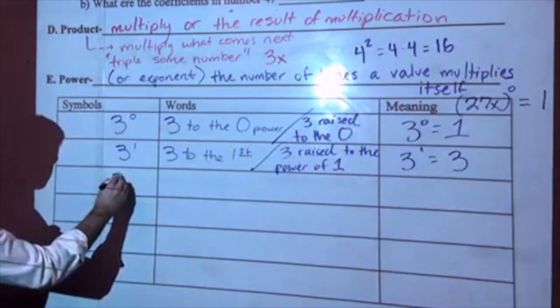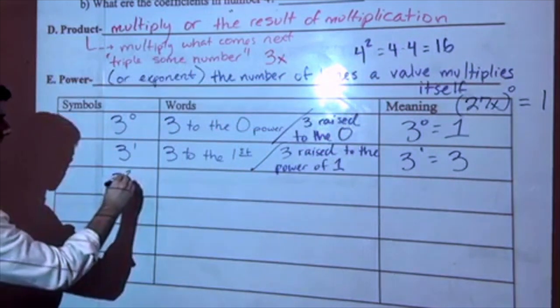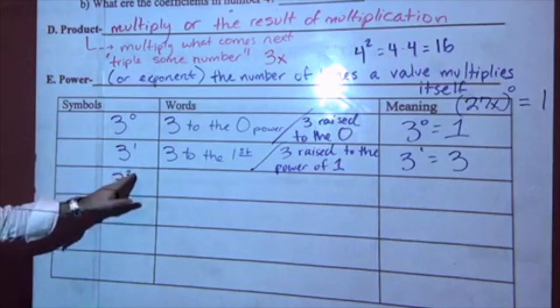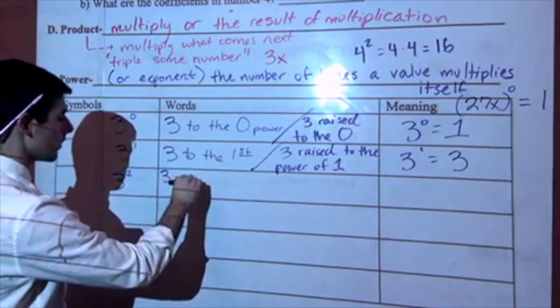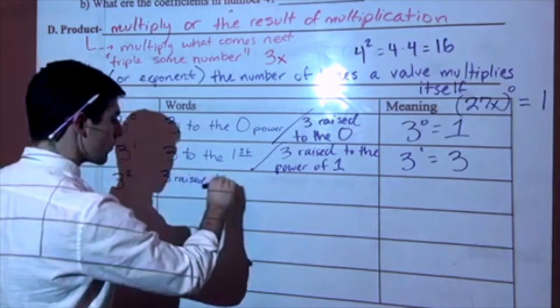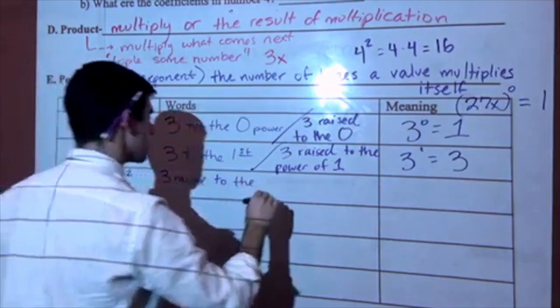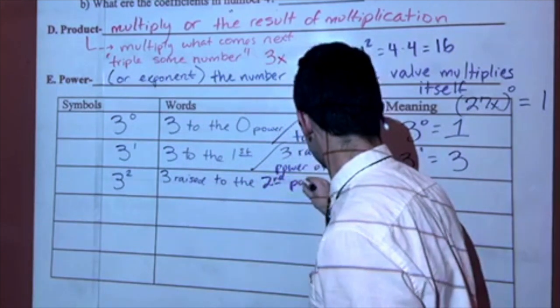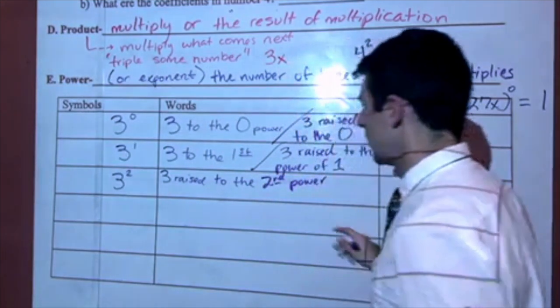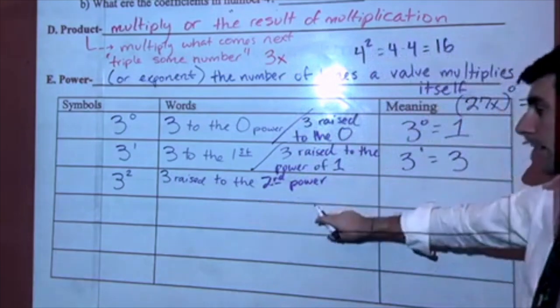Now we get into a little more unique wording. If we have 3 with an exponent of 2, we can say it as 3 raised to the second power. You can say 3 raised to the second.